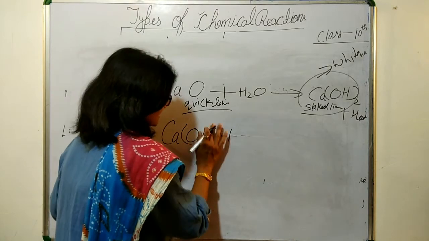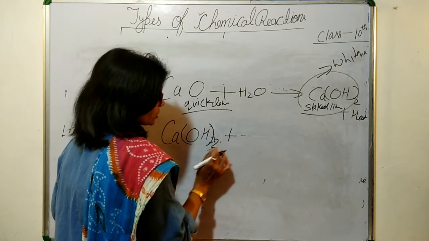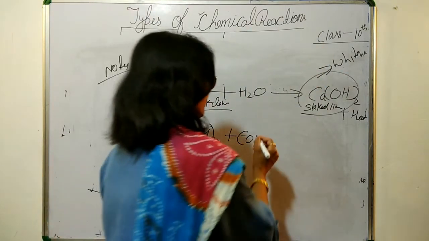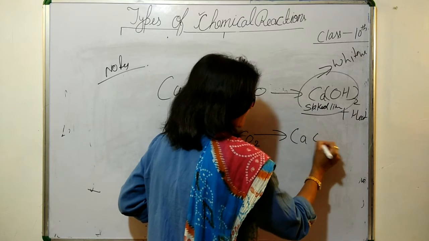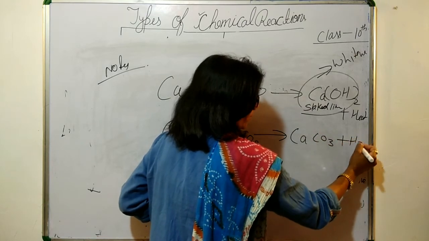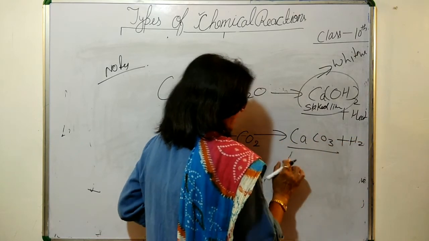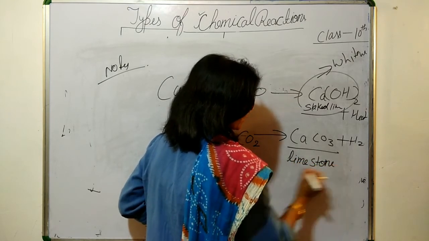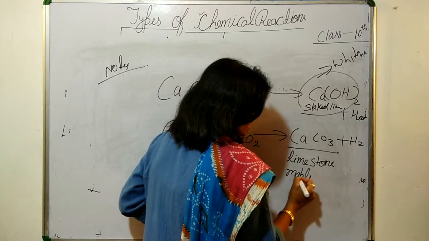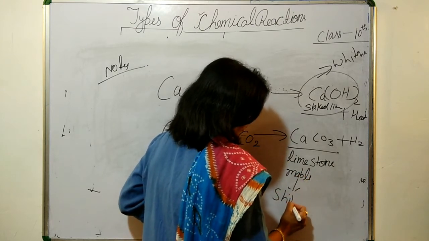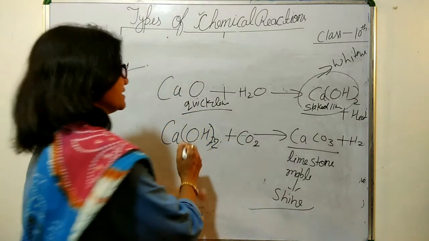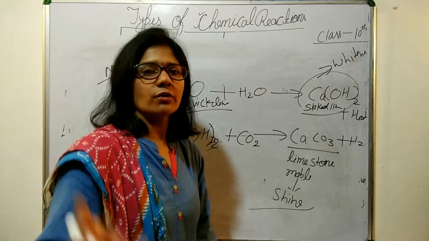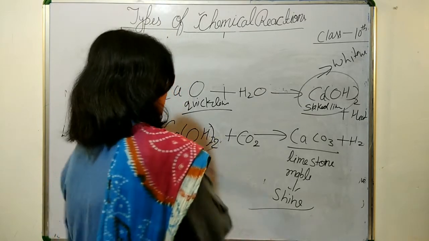Because this slaked lime Ca(OH)2 reacts with the carbon dioxide present in the environment and forms CaCO3 plus H2O. This CaCO3 is limestone, which is used to form marble. Because of this, we observe the shine on the wall. But it takes time, so we can observe the shine just after 1 day so that the reaction can take place.